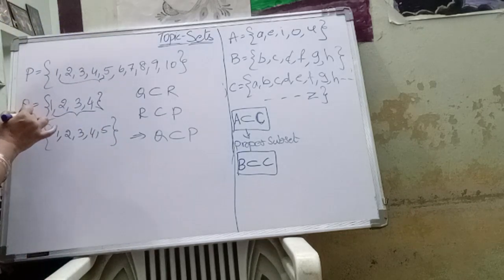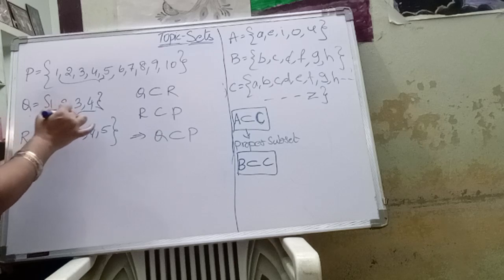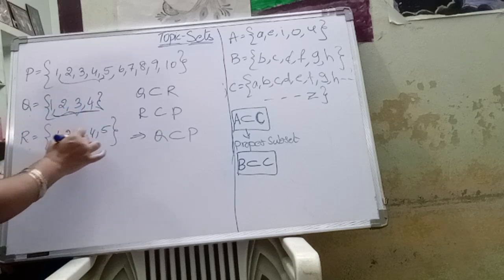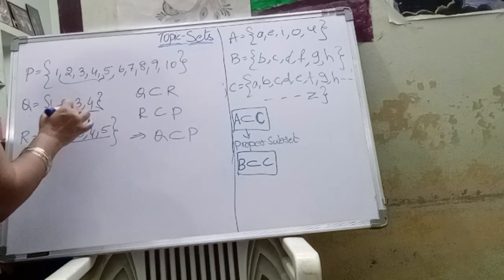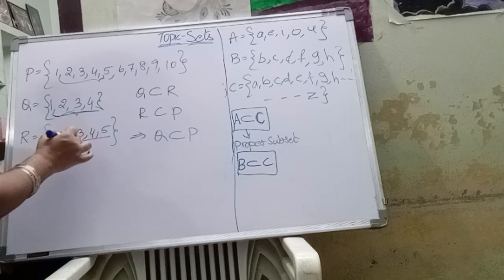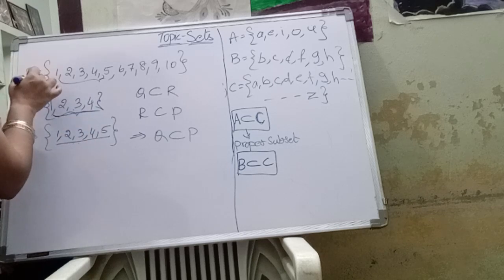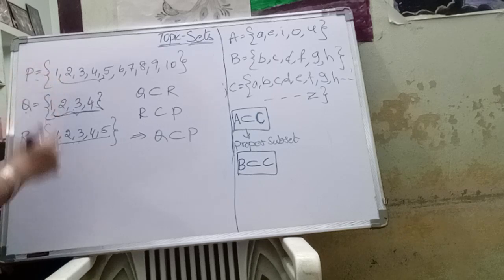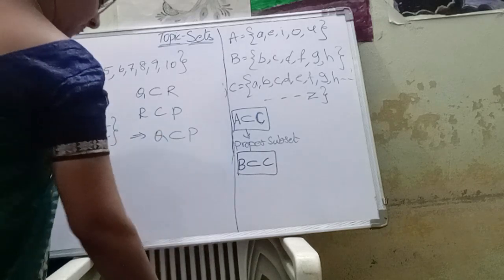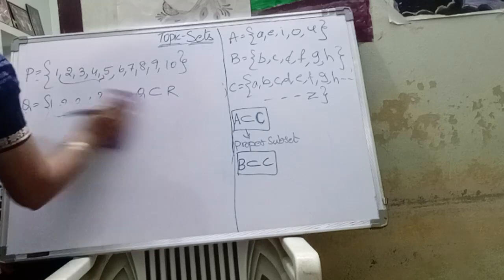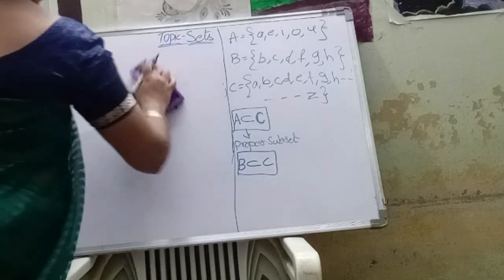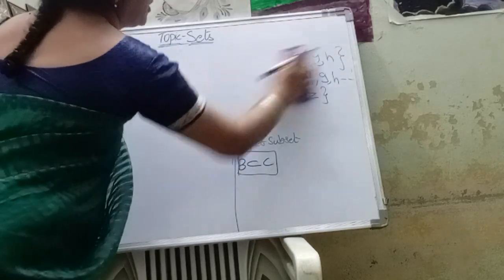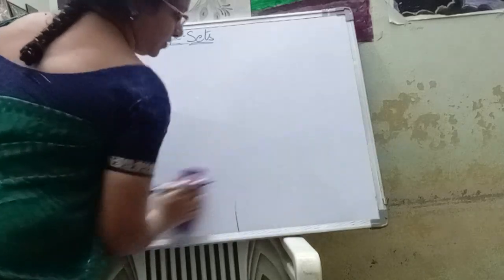Understood? Q is a subset to R, but R is a subset to P, then you can say Q is a subset to P. This is about properties and some important points about subsets.